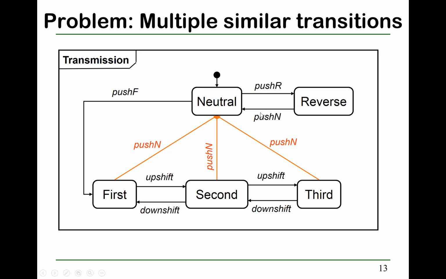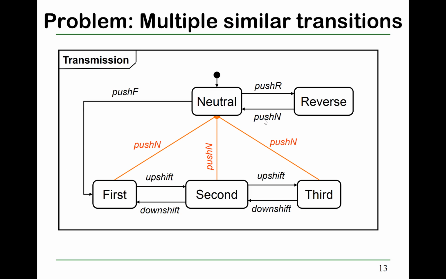Push N to go to the neutral state, and from neutral, push F to go to the first gear, upshift to go to the second gear, upshift to go to the third gear, and downshift from third gear to second, downshift to first. And in any state you can push N, which goes to the neutral state.